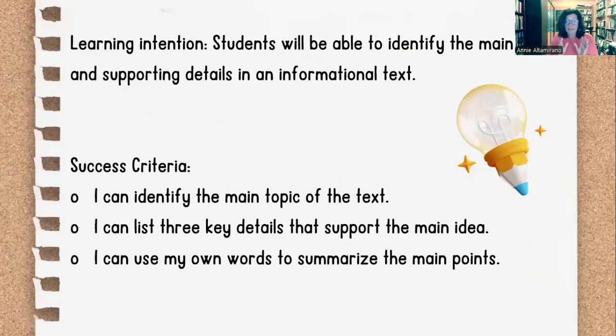For example, we can say, students will be able to identify the main ideas and supporting details in informational context. And the success criteria can be, I can identify the main topic of the text, I can list 3 key details that support the main idea, I can use my own words to summarize the main points.